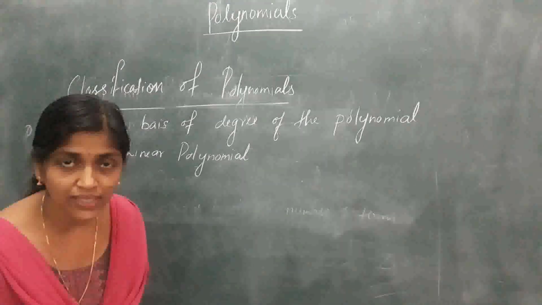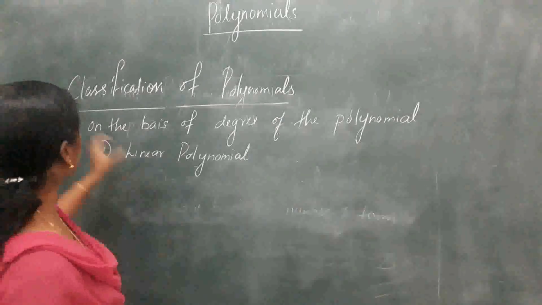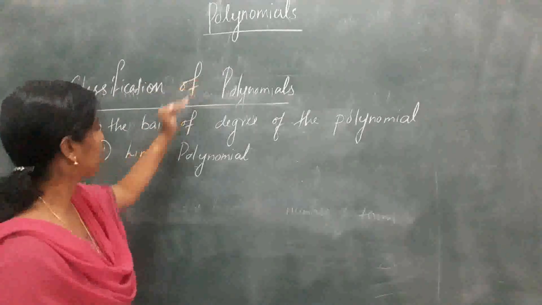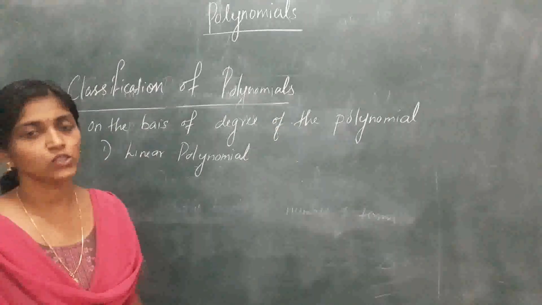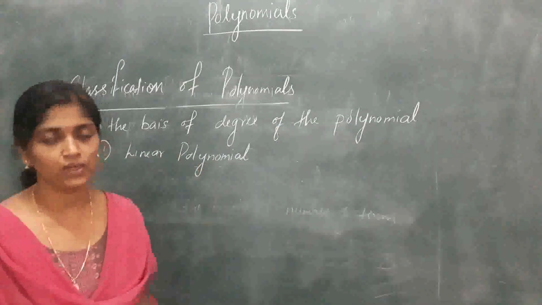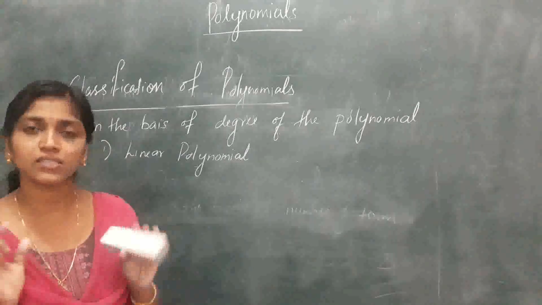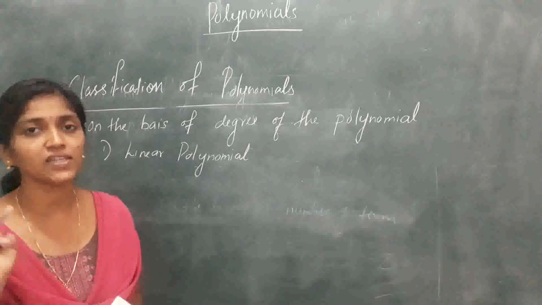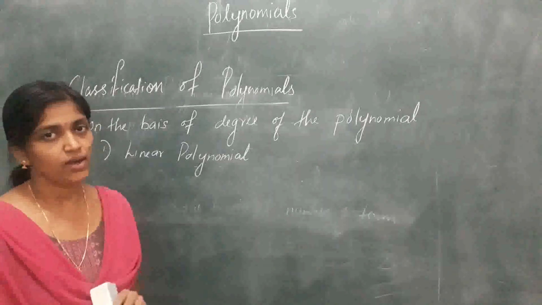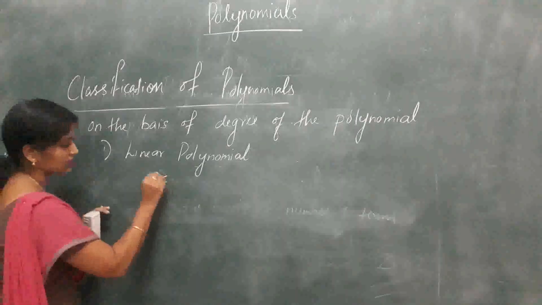We are naming it as linear polynomial, that is classifying the polynomial on the basis of the degree of the polynomial. So we will see what is a linear polynomial. Linear polynomial is nothing but a polynomial whose degree is equal to 1. I can take an example, x plus 1.